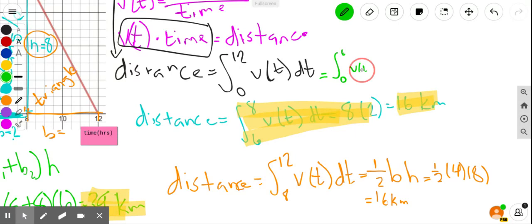And you'll forgive my slow writing, but it's the best I can do right now. Plus that of the rectangle, which is from 6 to 8 of the velocity function.